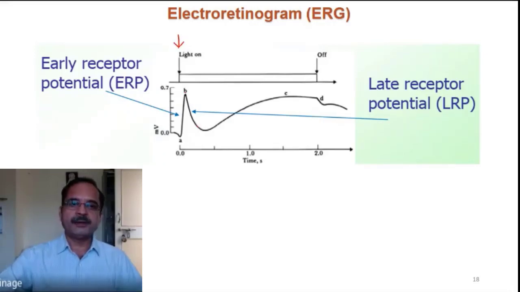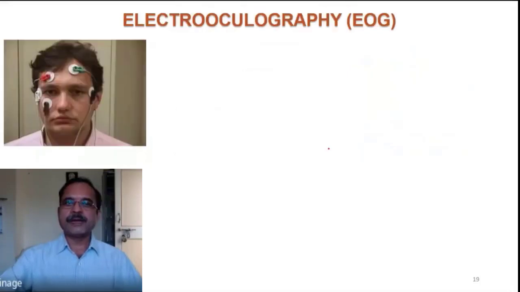At the output of the electrodes, suddenly you will get some spike here in terms of the potential, and after that, this is how the waveform is obtained for a period of 2 seconds. So this is what is electroretinogram. Then the next one related to our eyes is EOG, called electrooculography.